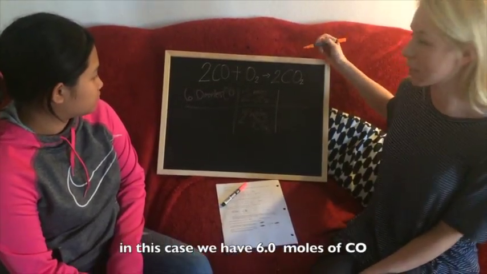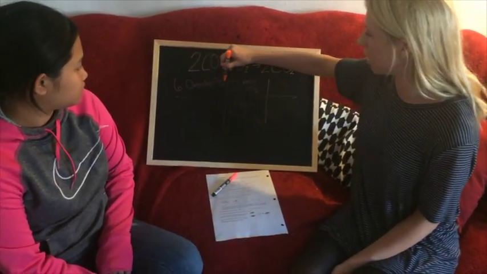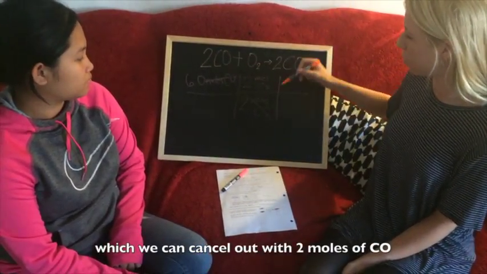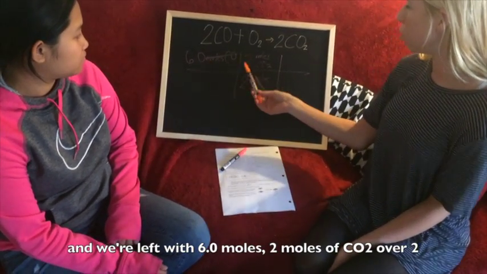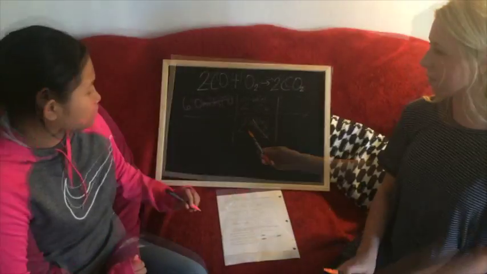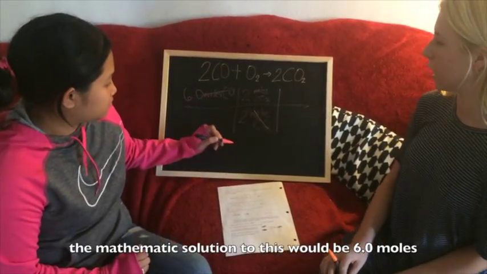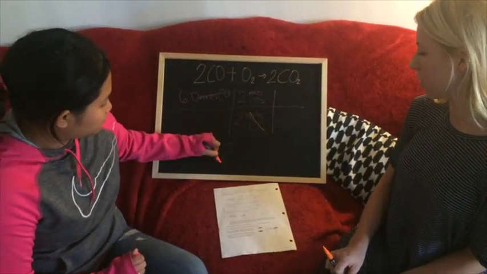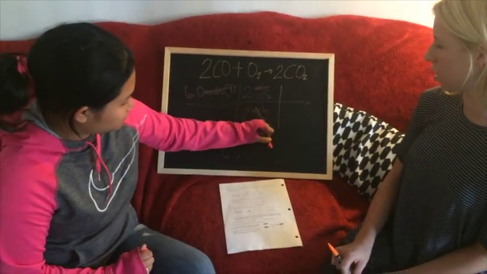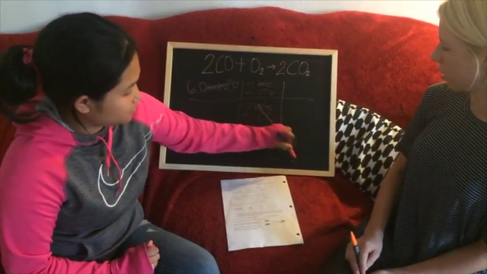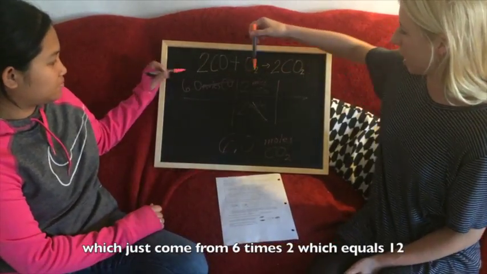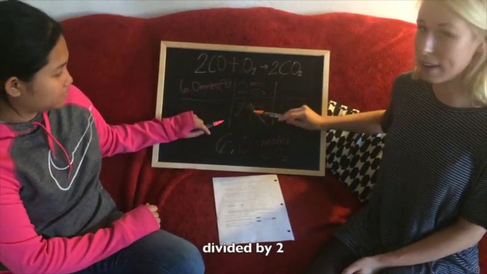In this case, we have 6 moles of CO, which we can cancel out with 2 moles of CO. And we're left with 6 moles times 2 moles of CO2 over 2. The mathematical solution to this would be 6 moles of CO2, which comes from 6 times 2, which equals 12, divided by 2.